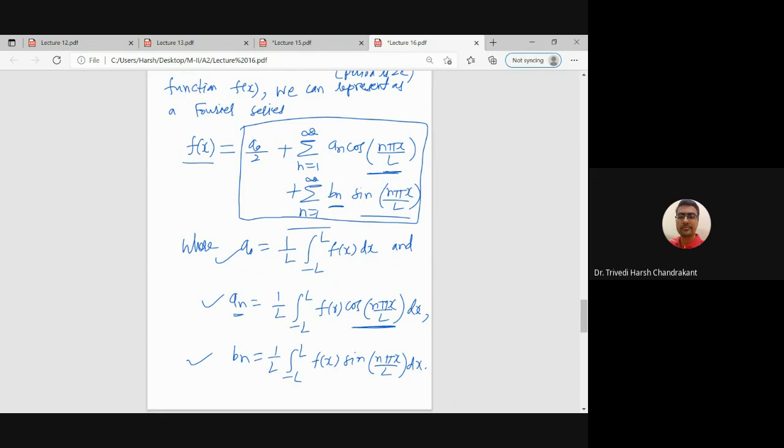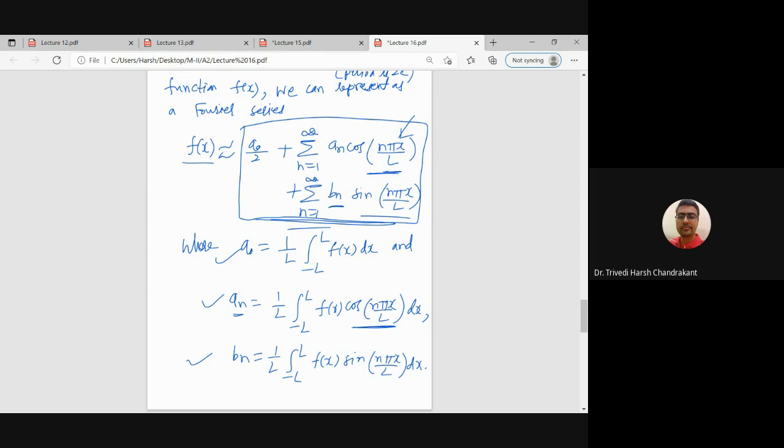If it is not continuous, then it will not be equal. So it is equal only when the function is continuous at that particular point. Otherwise, f(x) will not be the value of this series at that point x.